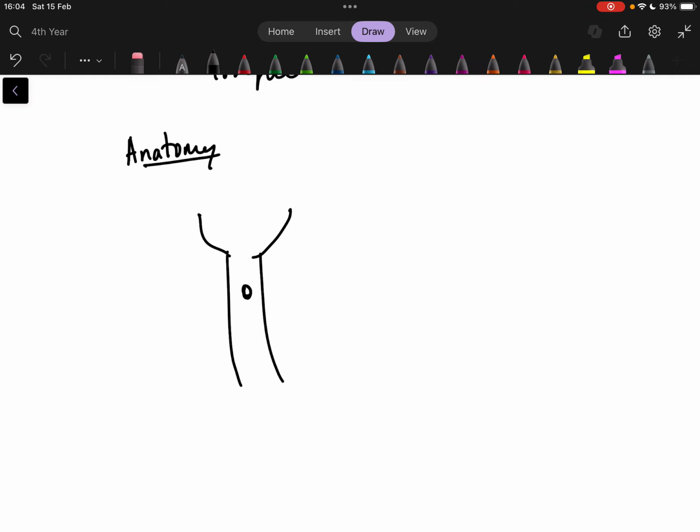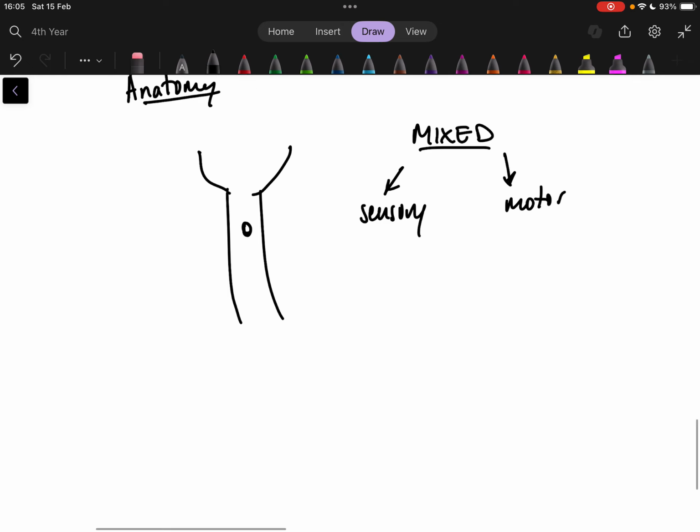Okay, so it is a mixed nerve, of course. Mixed meaning it has sensory function, it has a motor function, and it even has a special function, and special just means taste, so it's involved in taste as well.